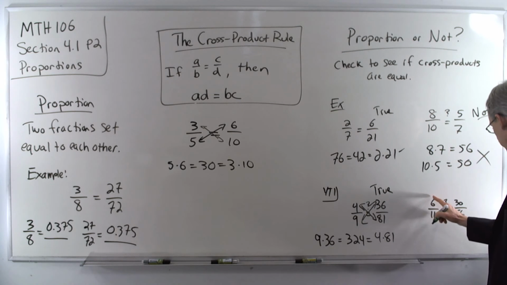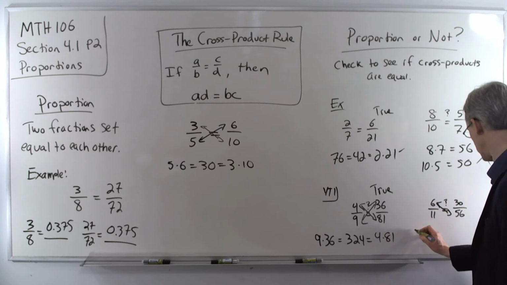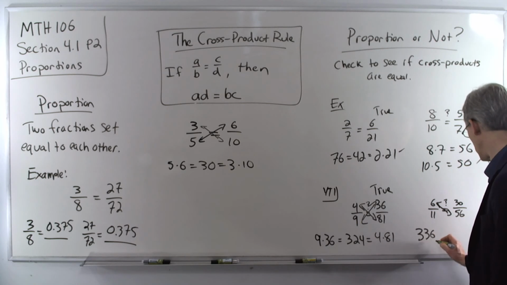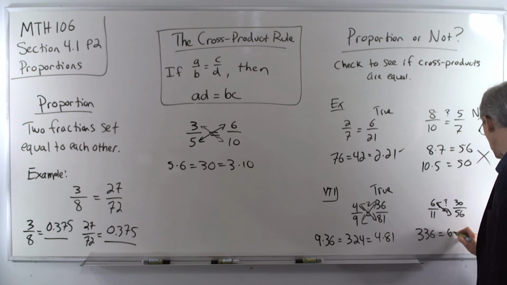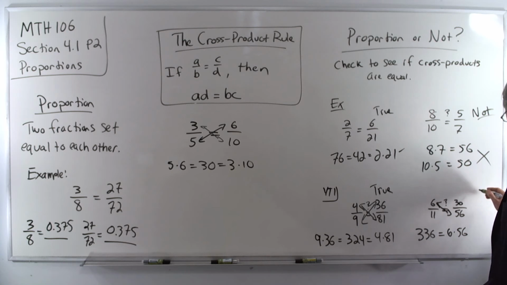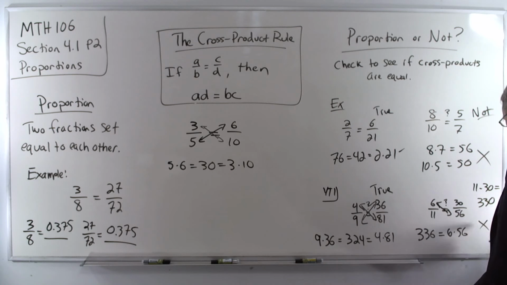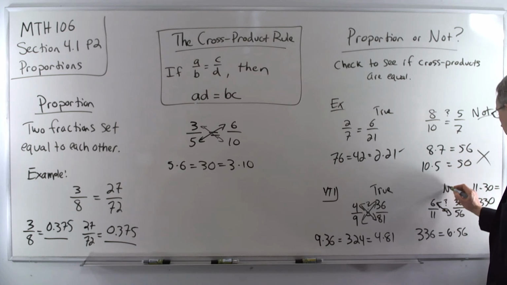And the other way, we've got 6 times 56, and that gives us 336. And then the other way, we've got 11 times 30, which is 330. So those are not equal to each other, so this is not a proportion.